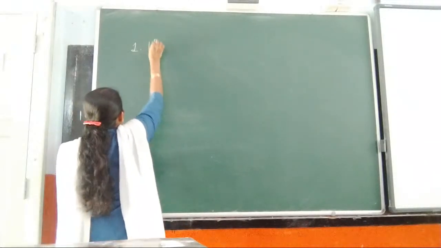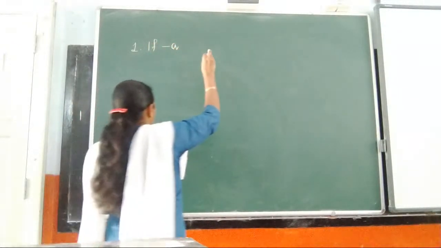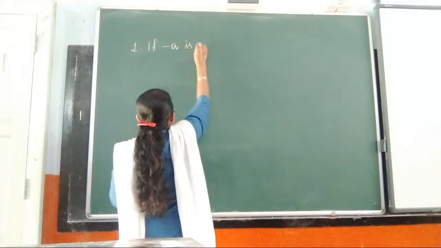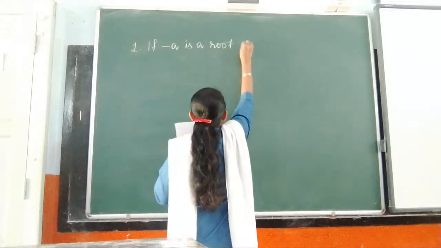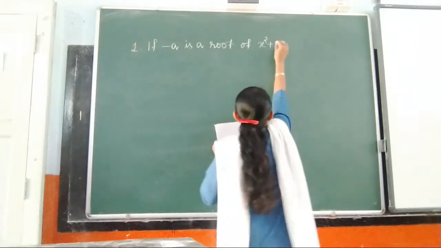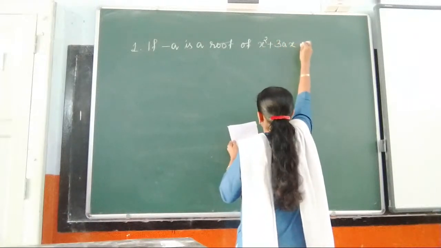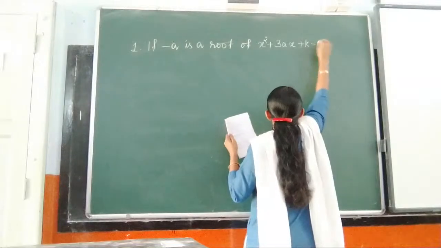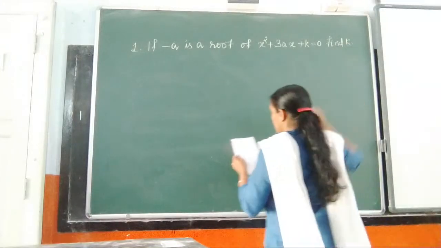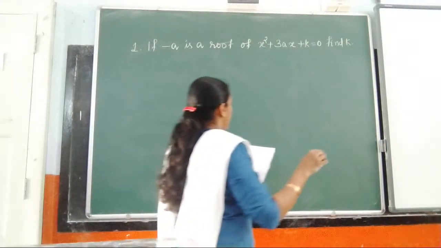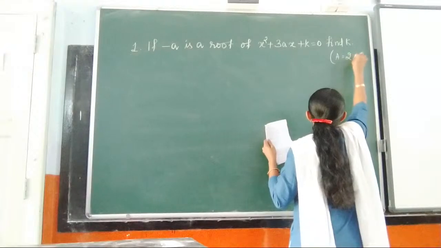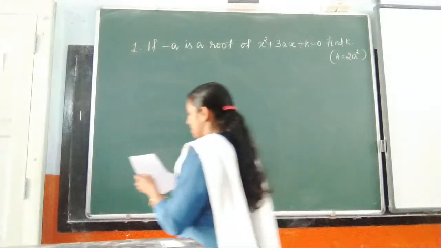If -a is a root of the equation x square plus 3ax plus k equal to 0, find k. And the answer is 2a square. You can write the answer, 2a square, so that you can tally it.